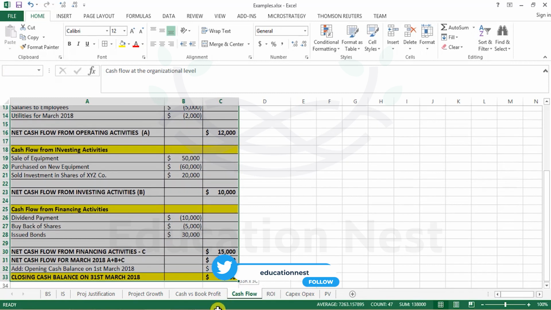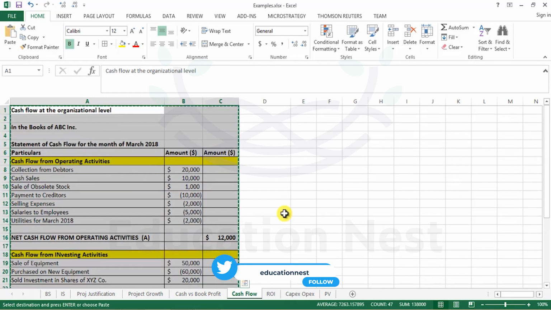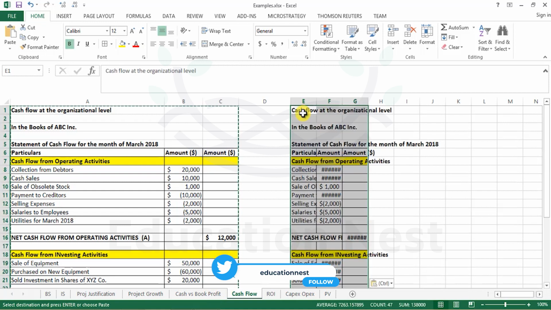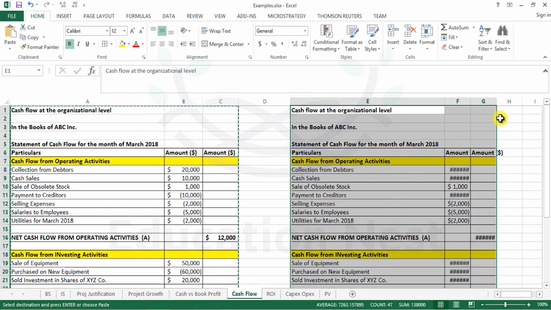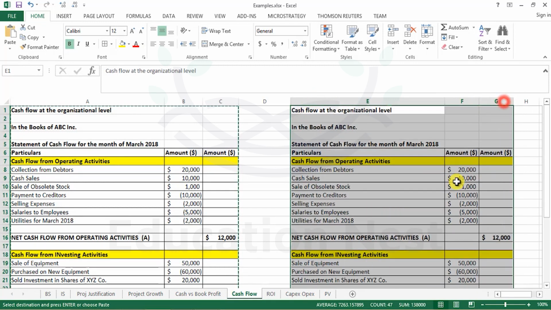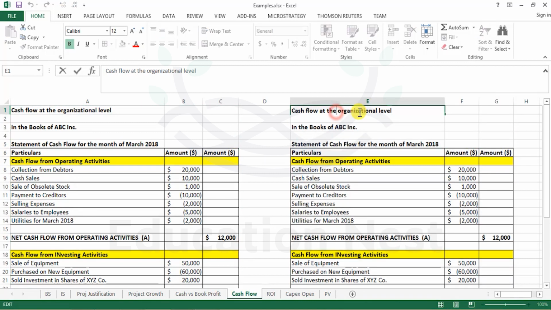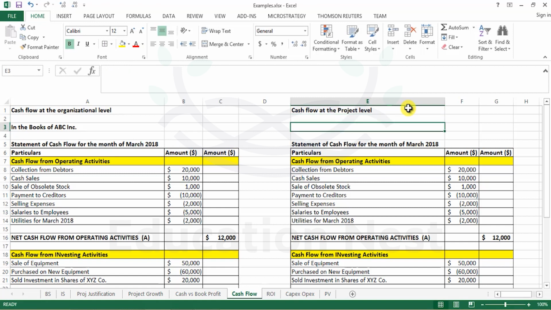Okay, we'll take the same example over here, use the same thing and put it over here on a side-by-side basis. So that should help you also to get a quick comparative analysis precisely. Okay, cash flow at the project level. Sorry, caps lock was on. Project level. Okay, we don't need to write this books and all.